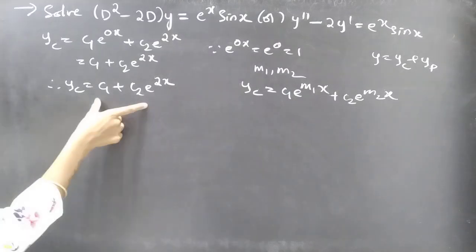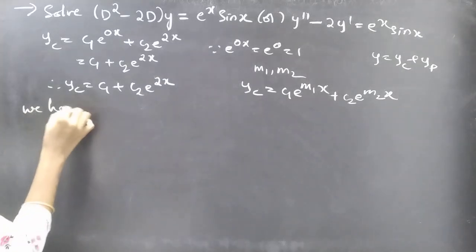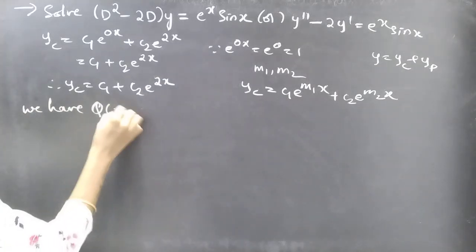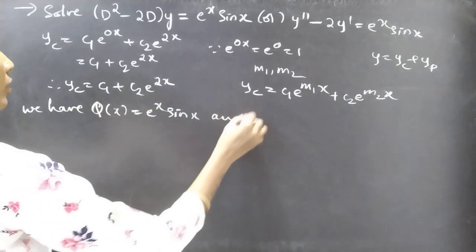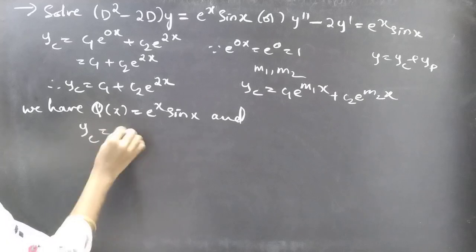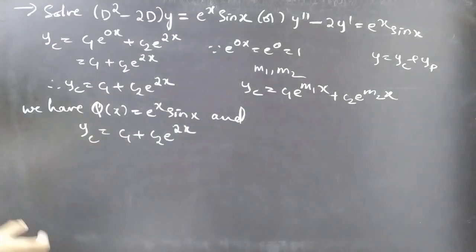Now observe yc and Q(x). We have Q(x) = e^x sin x and yc = c1 + c2 e^(2x). We have to observe whether yc and Q(x) contain common terms or not.